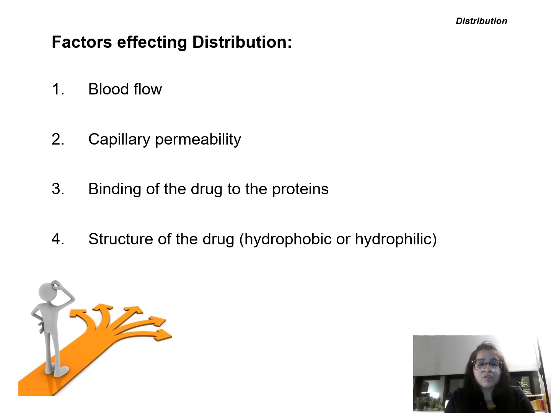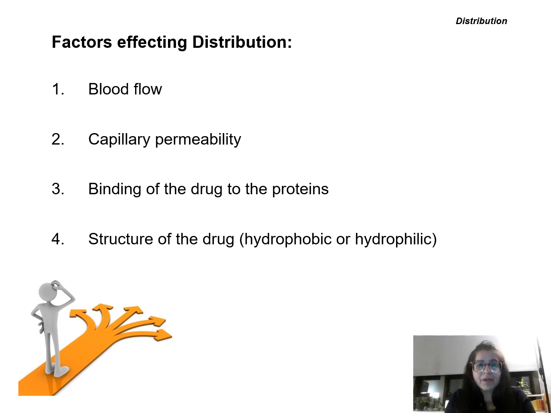So in conclusion, in our lecture we studied drug distribution, which is the second step of drug pharmacokinetics. So what is drug distribution? Drug distribution is the process by which a drug reversibly leaves the bloodstream and enters into the interstitium, that is the ECF, and or the cells and tissues of the body.